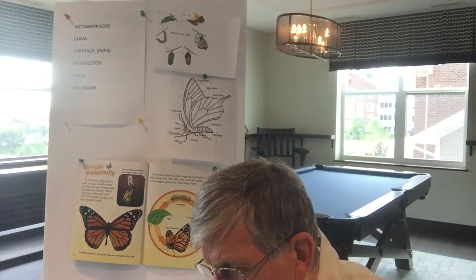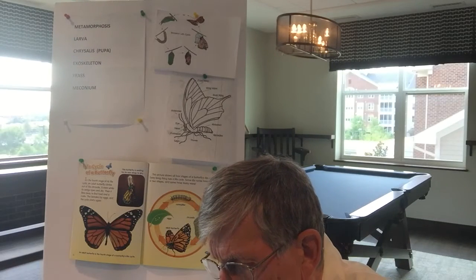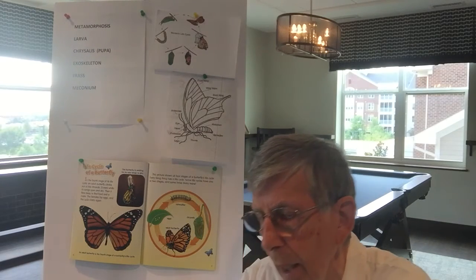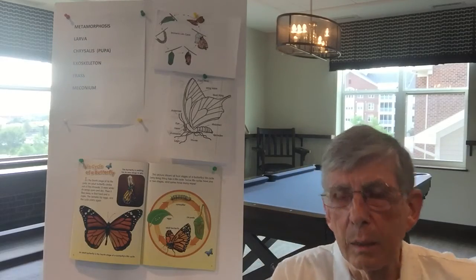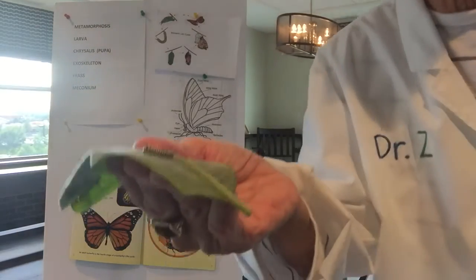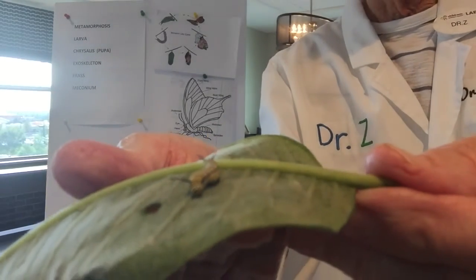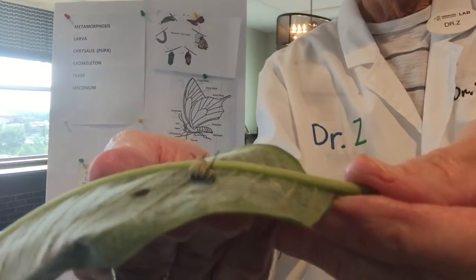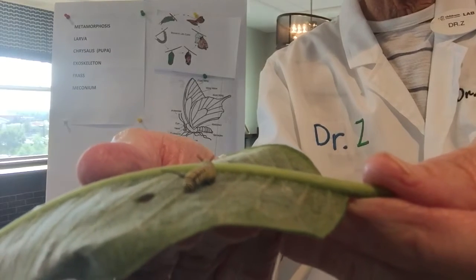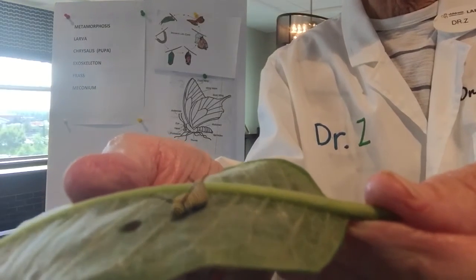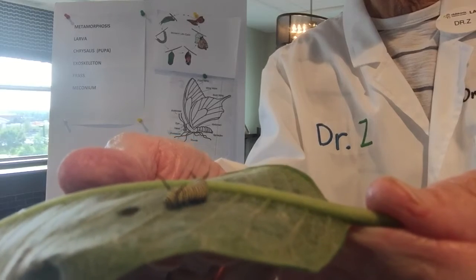But anyway, I do have a little fellow here that I was able to collect, and he is a really cute one. I hope you can see him. There he is in all his glory. You can see him moving around. He's a very nice little specimen.